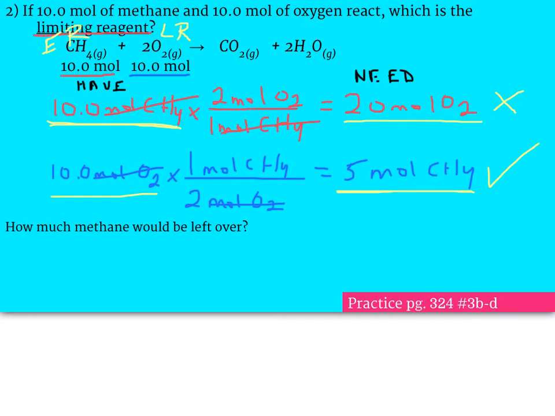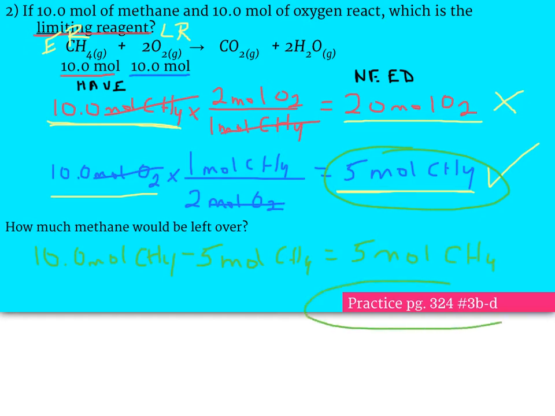The second part of this question is how much methane would be left over. I have 10 moles of methane to start with, and once I used up all the oxygen, because the oxygen is the limiting reactant, I know that I needed to use 5 moles of methane. So 10 moles minus 5 moles of methane, I am going to have 5 moles of methane left over.